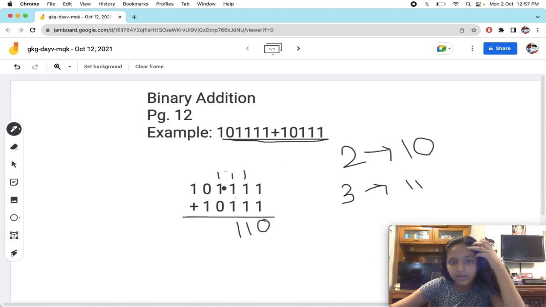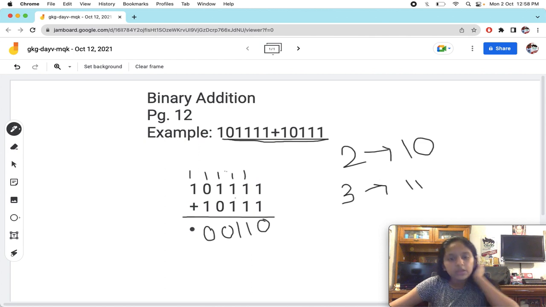Now 1 plus 1, 2, so 0 and 1. 1 plus 1, 2, 0 and 1. 1 plus 1, 2. Now here we don't have anything else to carry, so as normal we write 10 here. So we got 1 0 0 0 1 1 0.